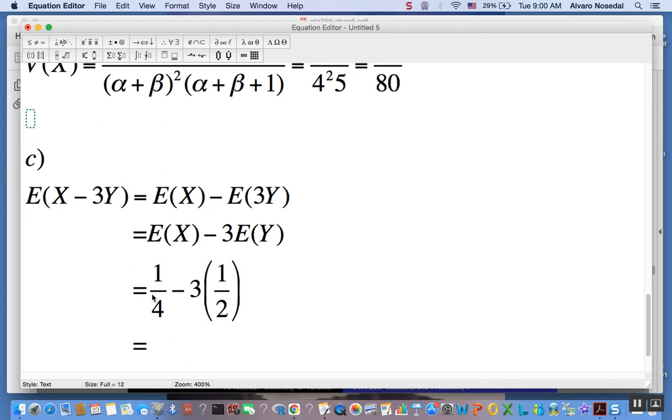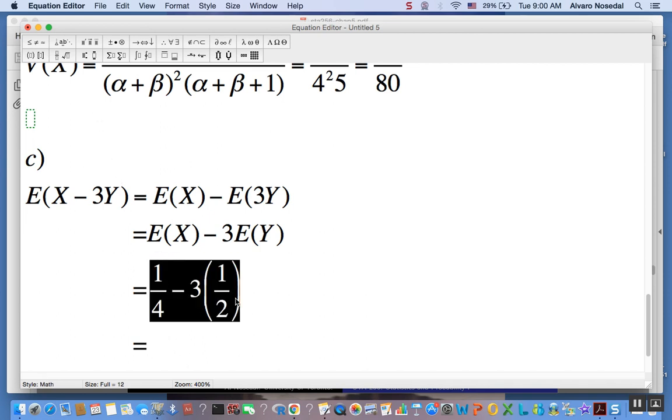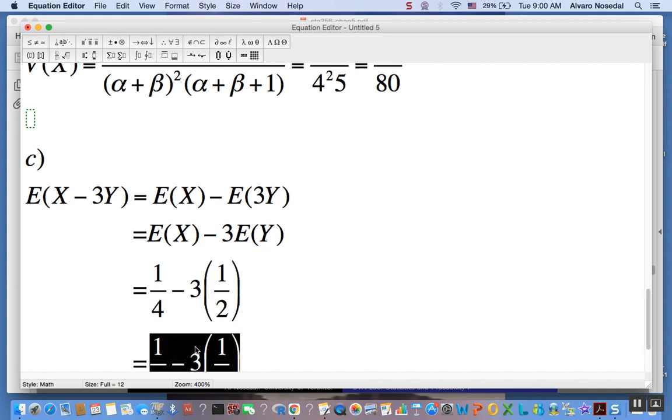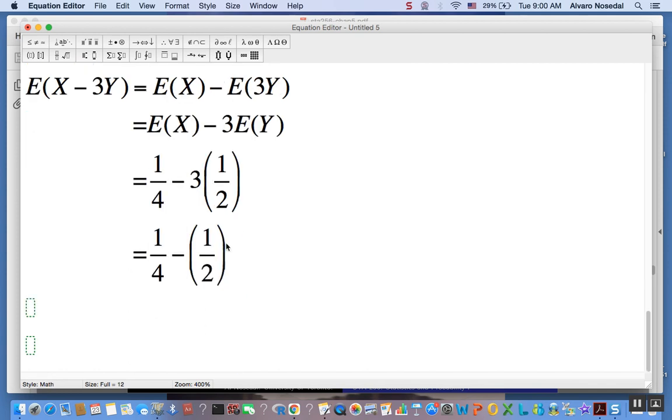So 1/4 minus 3 divided by 2. The common denominator is going to be 4.